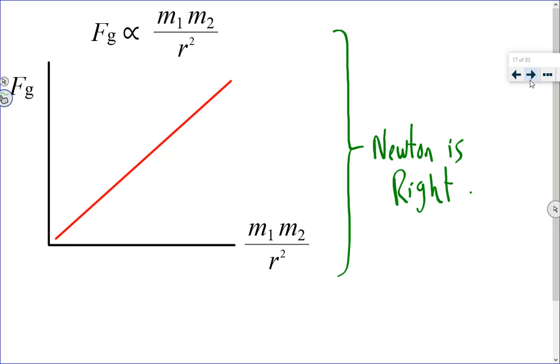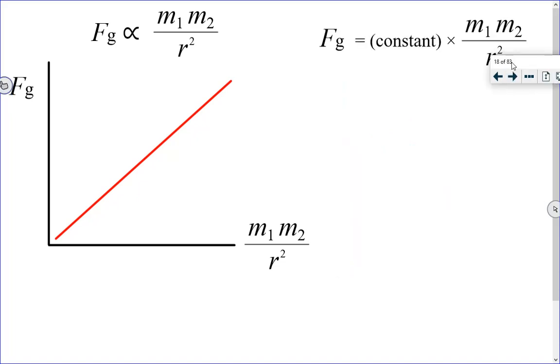Cavendish proved Newton right. Much like when you did your uniform motion lab, your hypothesis was that the distance should be proportional to the time. When you got a straight line, your hypothesis was verified. But more to the point here, if Newton is right, then we have an equation.